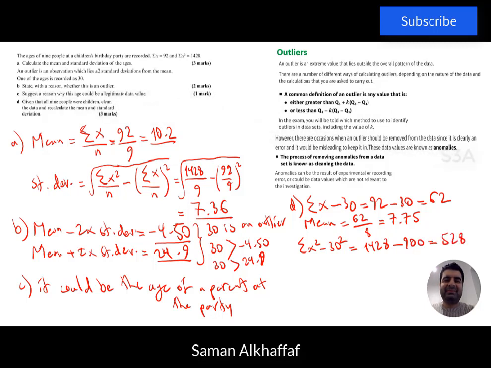Now to find the standard deviation, we would have the square root of 528 over 8, take away 62 over 8 all squared. Simplifying this expression, the square root would give us 2.44 as the value for the standard deviation, and this will be our answer for this question.